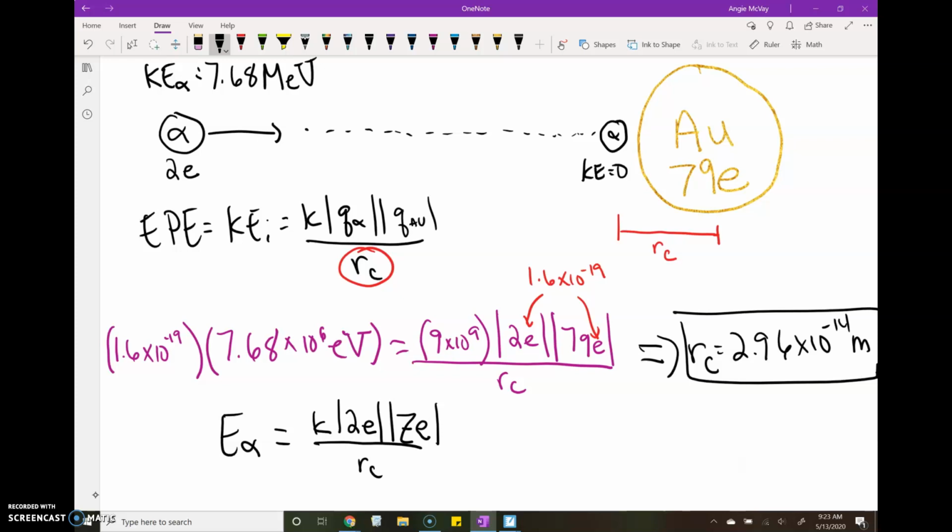And so Rutherford assumed that that was the radius of the gold nucleus. That was the highest energy alpha particle that could get the very closest to gold. So he is assuming that the critical radius is the radius of the gold nucleus.